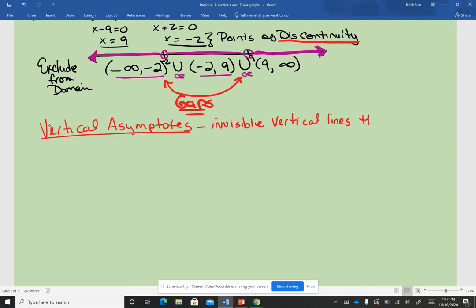Asymptotes are invisible lines, and we have different types of asymptotes, but the ones we're talking about right this minute are vertical. We'll also have horizontal and oblique, and we'll talk about those in the next video. But vertical asymptotes are invisible vertical lines that act as boundaries.